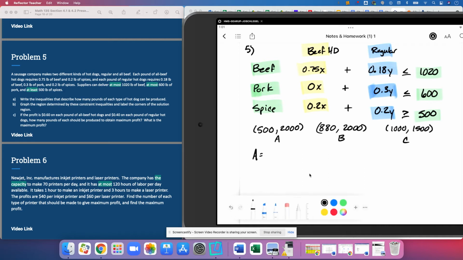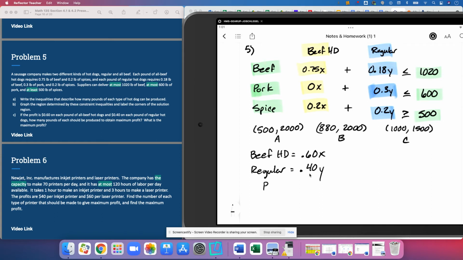So what I need to do is not part A yet. What I need to do is beef hot dogs sell for 60 cents each, so 0.60x. Regular hot dogs sell for 40 cents a pound, so 0.40y.